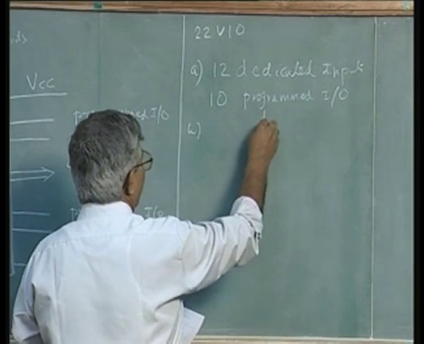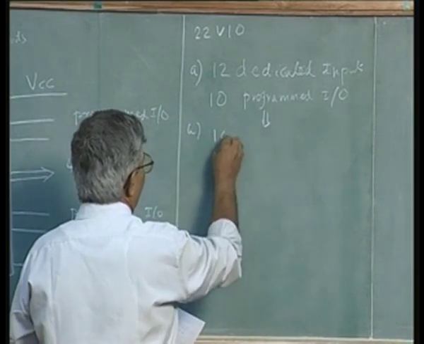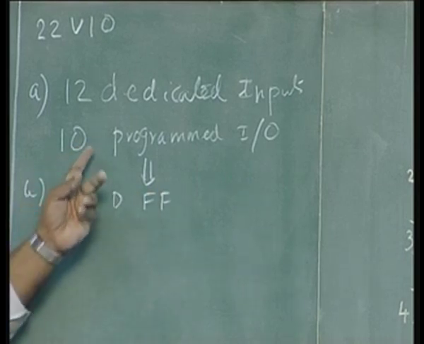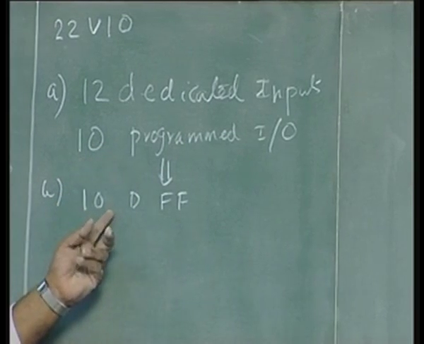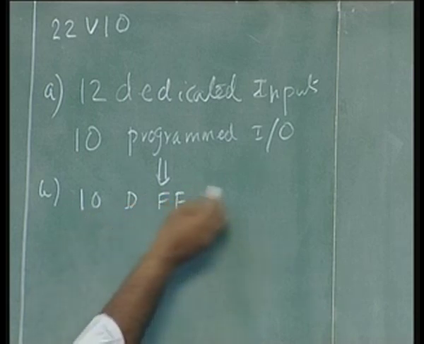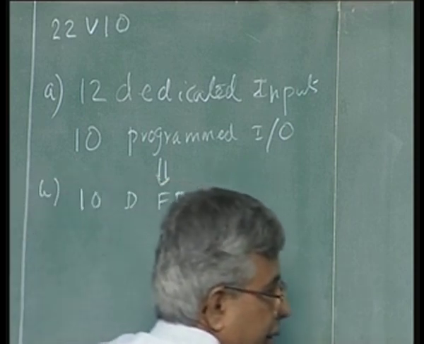Each of these programmed I/O is also connected to 10 D flip flops. So this is again a common feature. A given pin can be used as a programmed I/O pin or a flip flop pin by a proper logic inside. So 10 D flip flop, and each of them is driven by an OR gate combination as here.